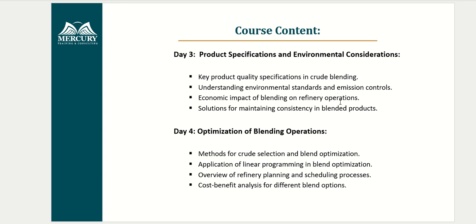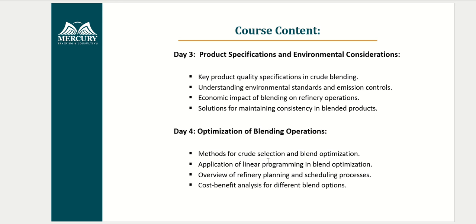Then the economic impact of blending on refinery operation. You have to go for more LP programming or online blending so that you are more profitable. The owners of refineries are more profitable by blending their products and getting the maximum out of them. Then solutions for maintaining consistency in blended products.